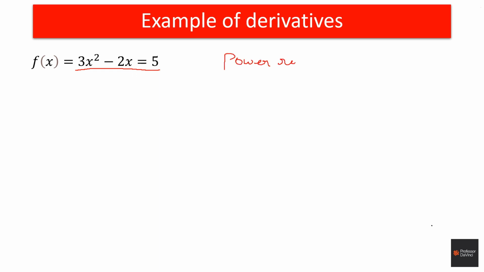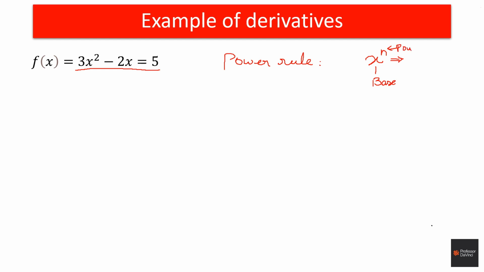The power rule states that if the term is in the form of x^n, then the derivative of x^n with respect to x is as follows. This is the base, and n is the power.